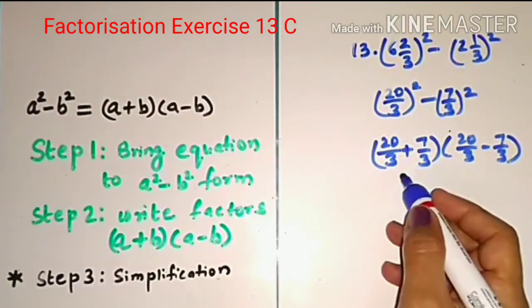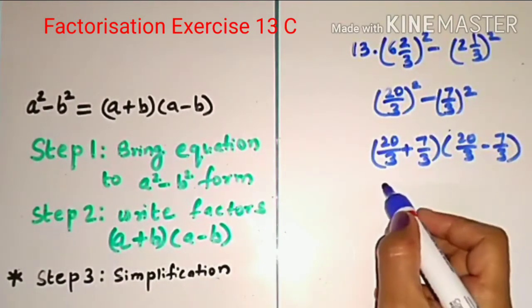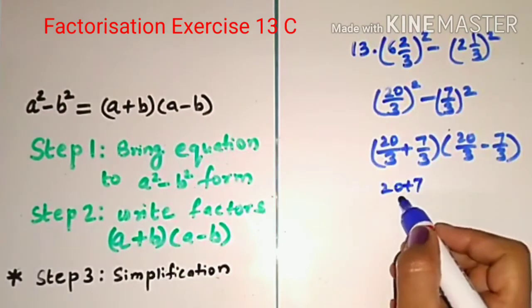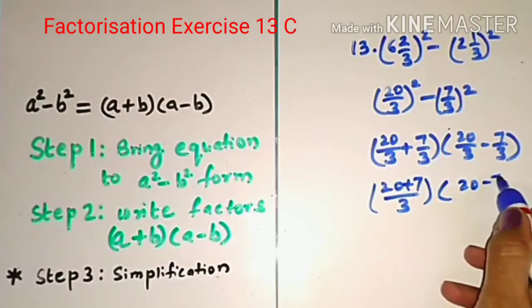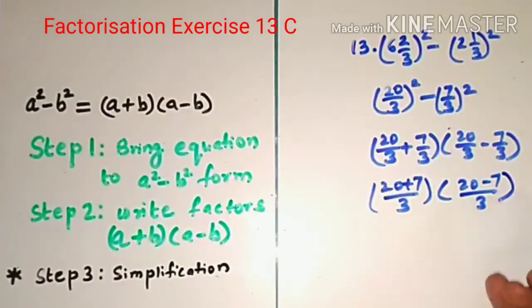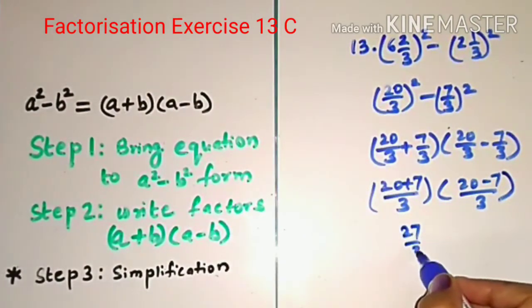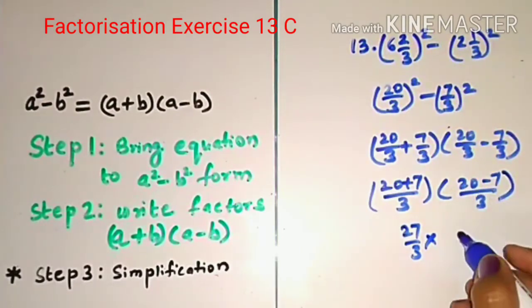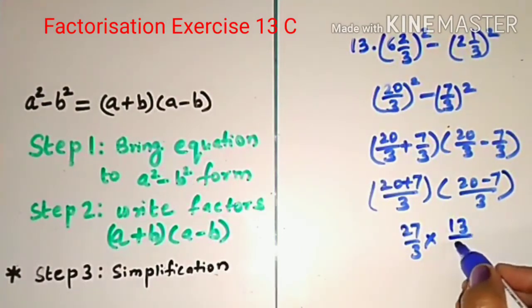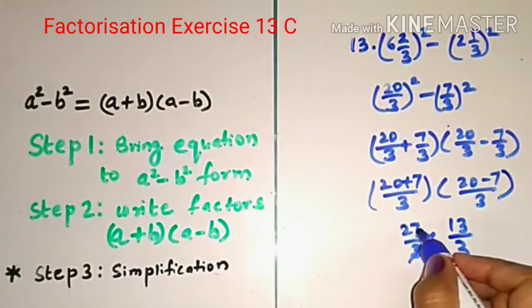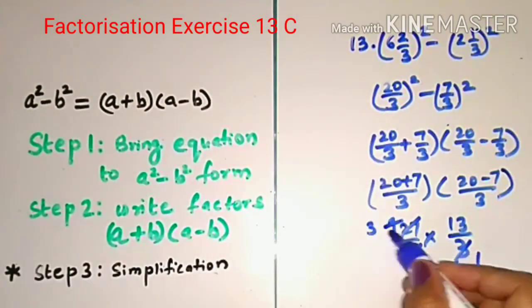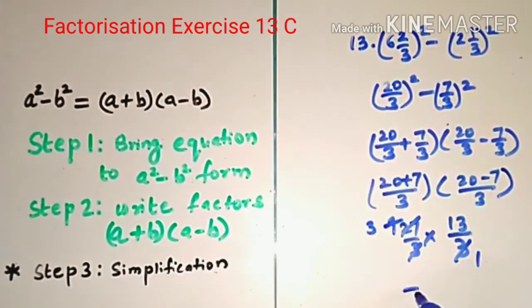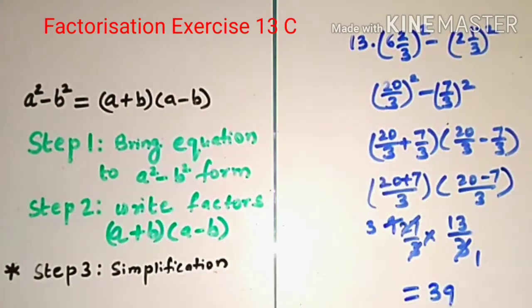Denominator is same, so they can be added directly. 20 plus 7 upon 3, 20 minus 7 upon 3. We have 27 upon 3 multiplied by 13 upon 3. 3 9s are, again 3 1s are, here 3s are. We have 13 3s are, 39 as the answer.